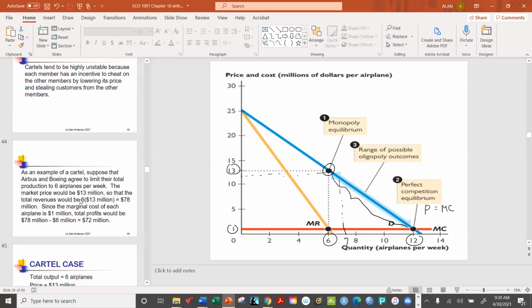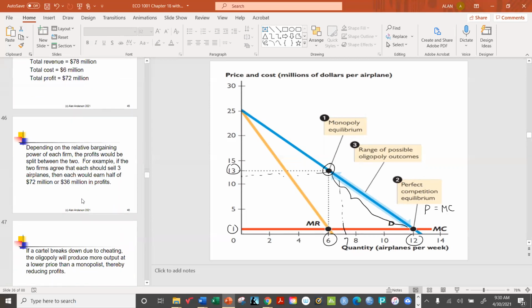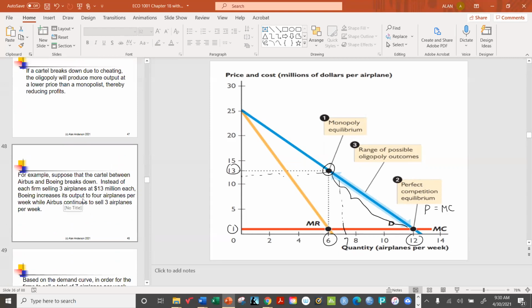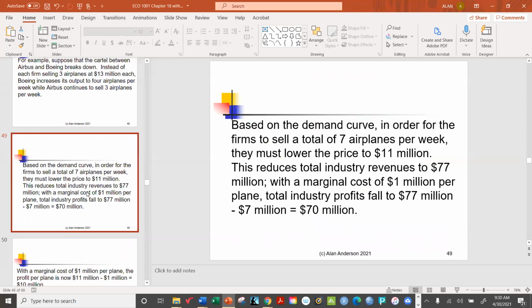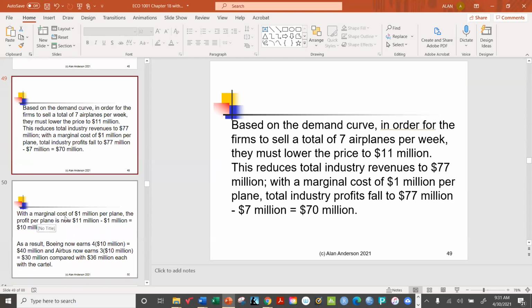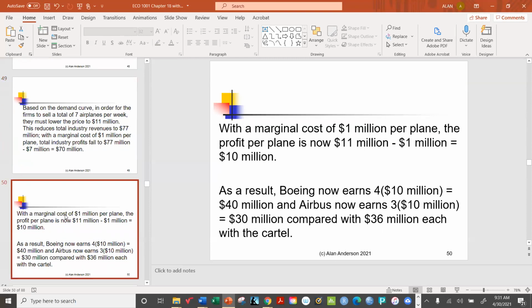So in this case, the cheating case, what's going to happen is the following. They lower the price to 11, total industry revenues drop to 77 million, and because the cost is $1 million per plane, their profits fall to $70 million. And that means that 40 of this goes to Boeing, and 30 of this goes to Airbus.